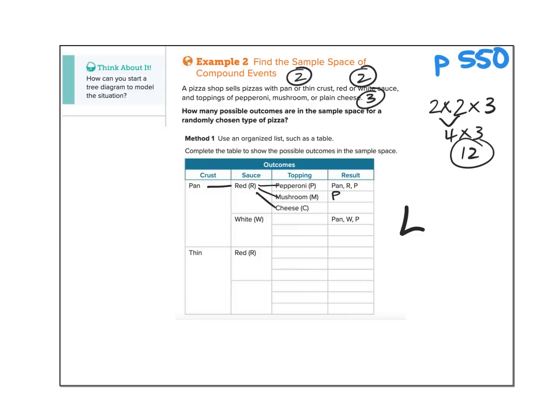Same thing, he could go pan and then white, and then he could get pepperoni, mushroom, or cheese. And then we do the same exact thing for thin crust. He could do thin and red, and then he can get pepperoni, mushroom, or cheese. Or he could do thin and white and get pepperoni, mushroom, and cheese. Either way, you can see all 12 of the choices down there.